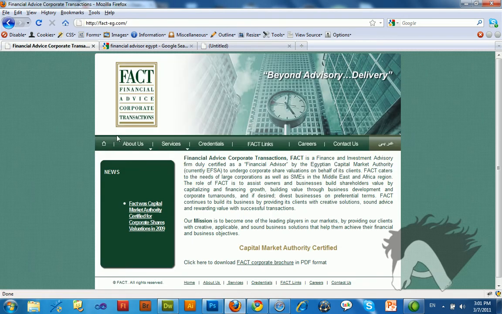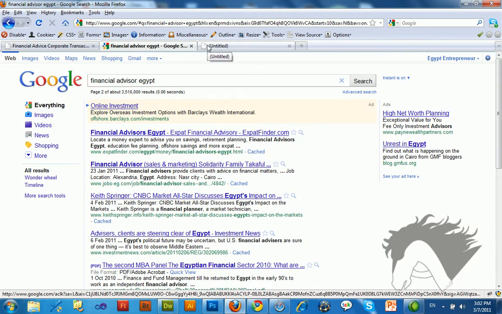What can we actually do to get people here? We can do a few things. We can optimize the content of the website to use some specific words in its content, in the coding structure of the website, and in the social media accounts, so that we find Fact always at the first page when anybody searches for specific keywords.